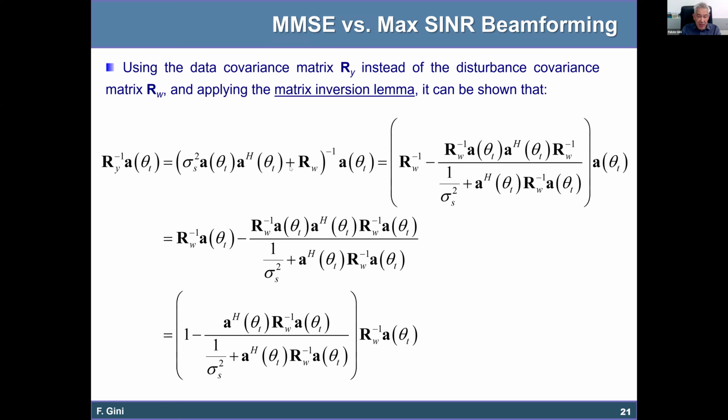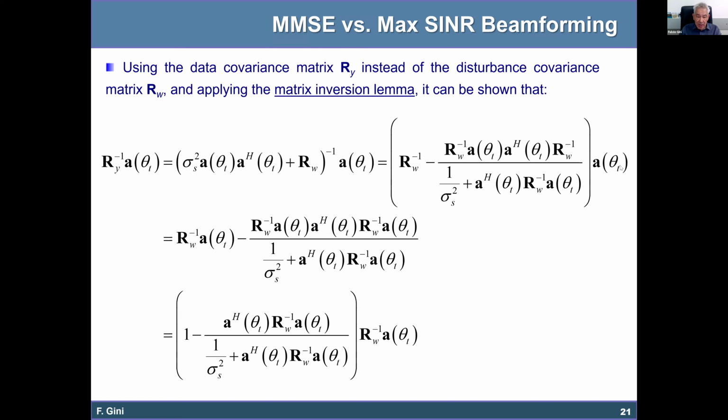Now, the inverse of the sum can be expressed in this way by using a well-known result in matrix theory, which is called the matrix inversion lemma. There are many forms of the matrix inversion lemma, and one of them is called the Woodbury identity. So if you search in Wikipedia for matrix inversion lemma or Woodbury identity, you find this identity. So the inverse of the sum is equal to this.